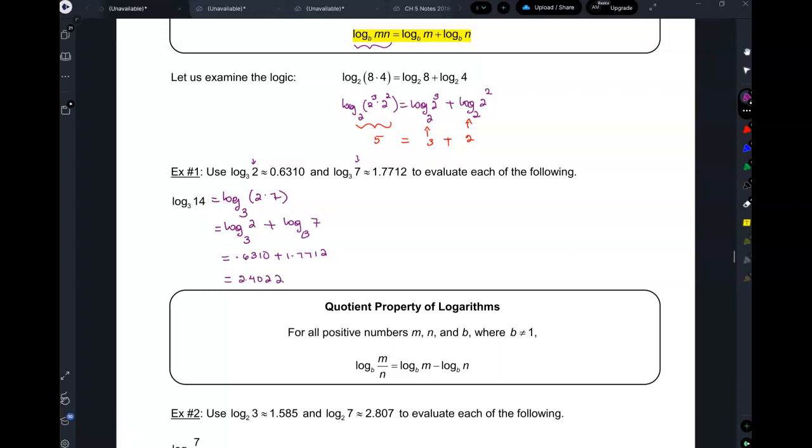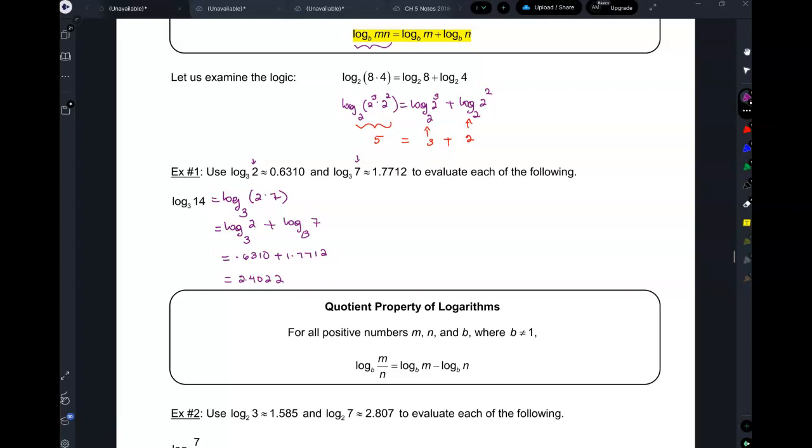And now you might say, well, wait, couldn't I have just plugged this into the calculator? That's not really the point. The point isn't this final 2.4022. The point is the first 2 steps here, right? How to expand that.